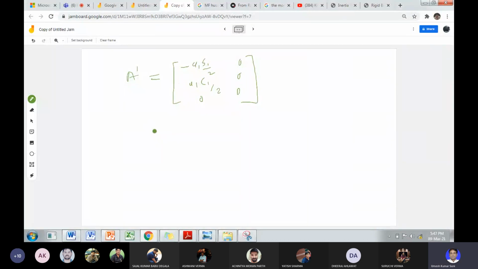Okay, and B1 is... then you have Dq equal to A1 and A1 transpose.